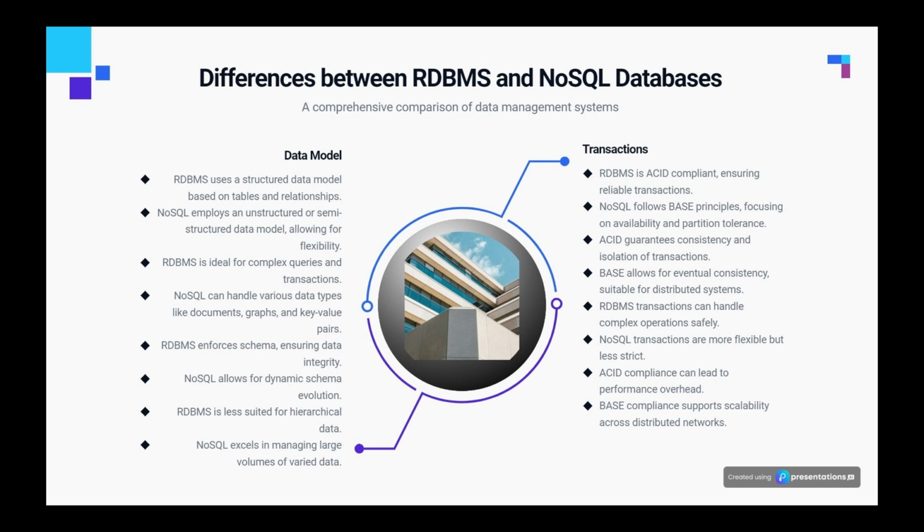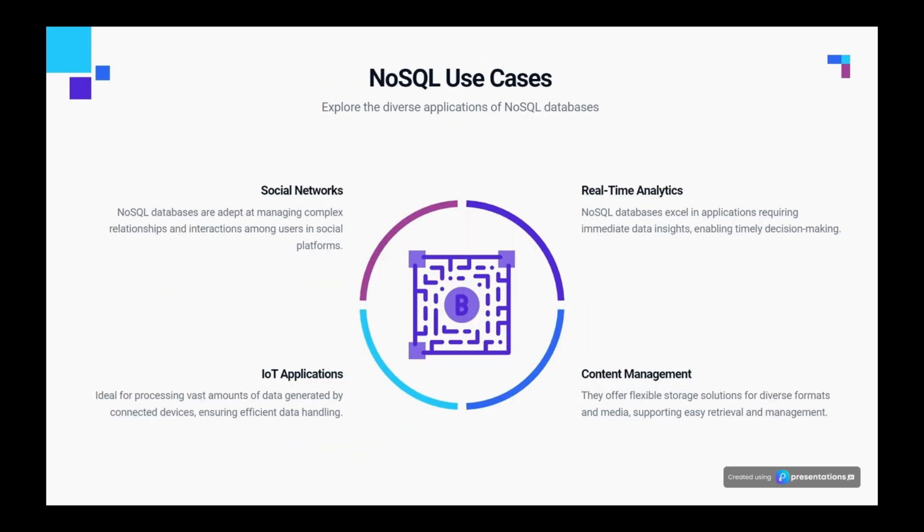The ACID guarantees consistency and isolation of transactions, and BASE allows for eventual consistency suitable for distributed systems. RDBMS transactions can handle complex operations safely, whereas NoSQL transactions are more flexible but less strict. ACID compliance can lead to performance overhead, and BASE compliance supports scalability across distributed networks.